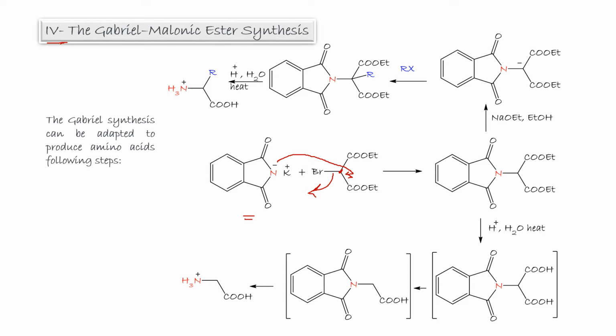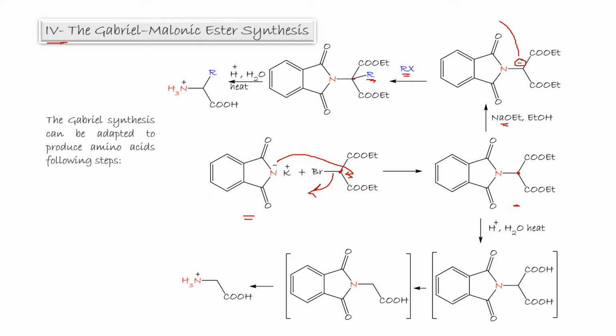We get this species. When we treat this with sodium ethoxide in ethanol, you get the anion. You react it with RX, whatever you want.